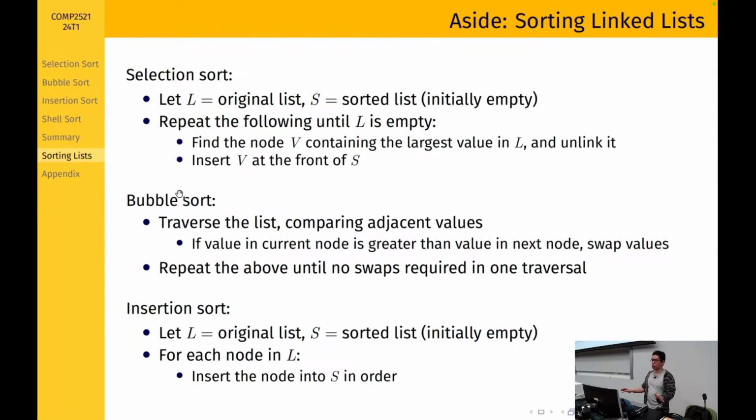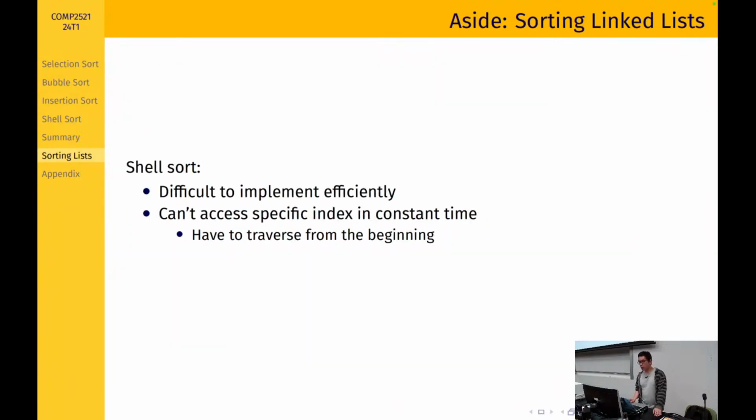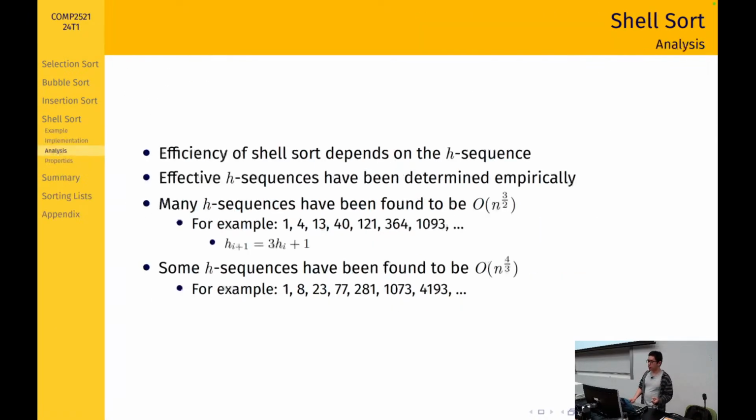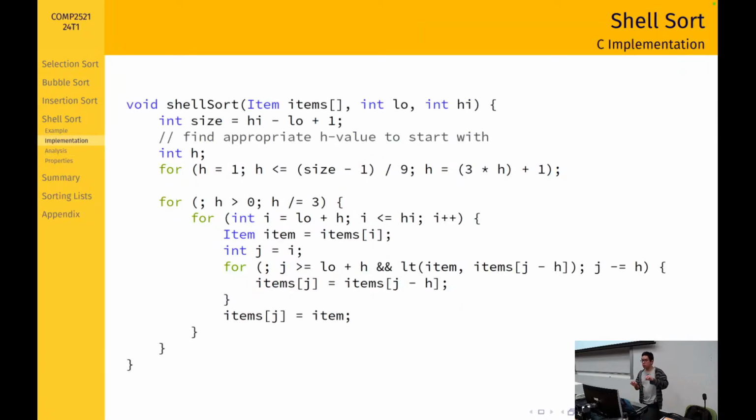We're not going to go through this in detail, but shell sort is kind of hard to implement for linked lists. Because in shell sort, you have to compare an element with an element which is h spaces away. So how do you do that with a linked list?